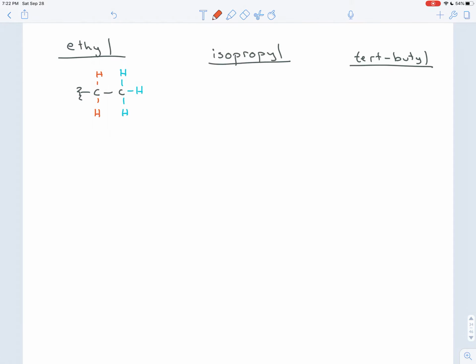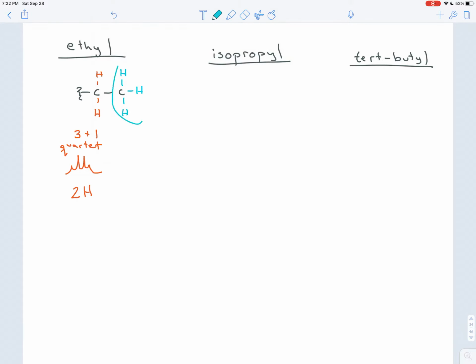So the pattern is the n+1 rule. They're going to form 3 + 1, a quartet. And they should have an integration that corresponds to two hydrogens.